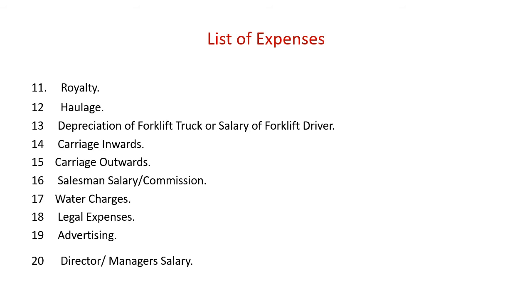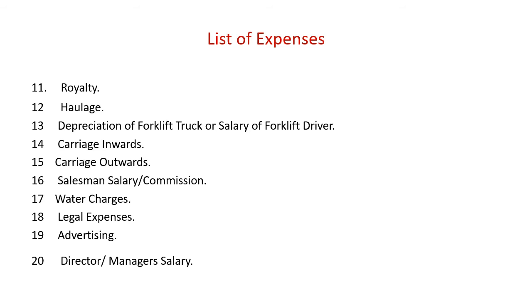Next, carriage inward. It is direct expenses allocated as direct material, add in purchase. Next, carriage outward. It's related to sales, add in selling and distribution overhead. Next, salesman salary and commission. It's related to selling and distribution, so add in selling and distribution overhead.